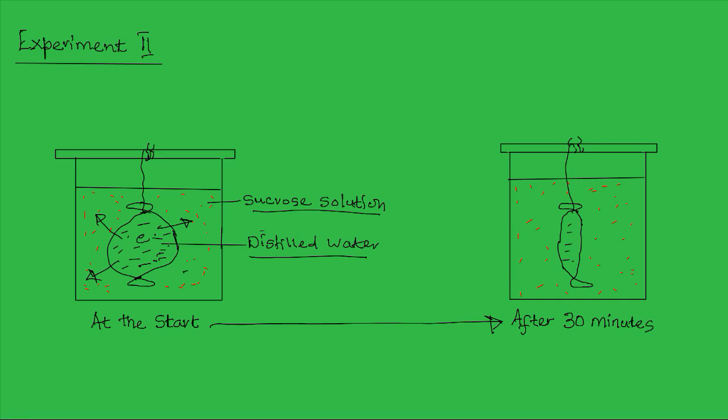As a result, the Viscose tubing reduces in size because it loses water, and as the water flows out, it becomes smaller and smaller, and in fact it is said to be flaccid because of that loss of rigidity as a result of the outward movement of water molecules.